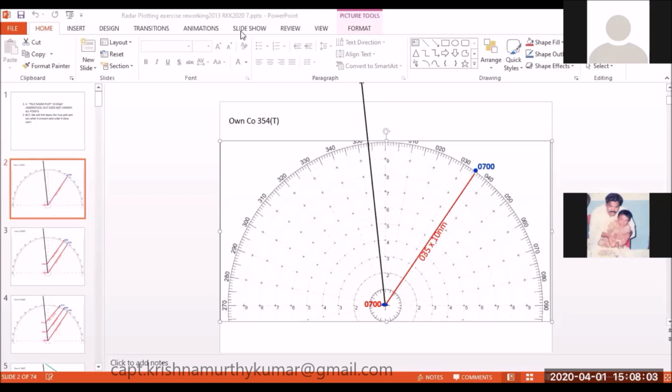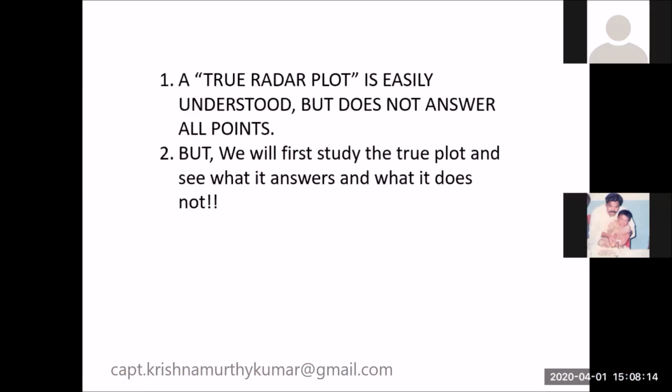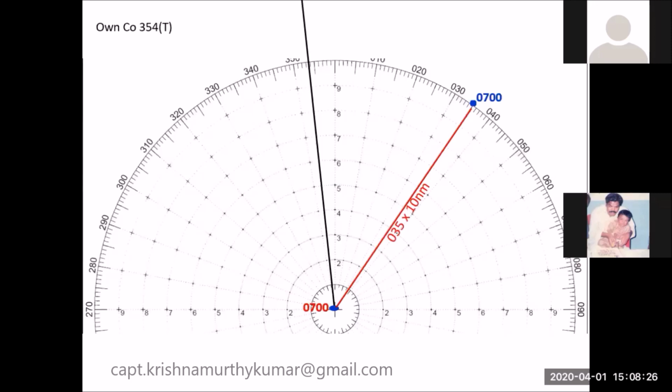So a true radar plot is easily understood, but it does not answer all the points. We will go one by one. Your ship is in the middle, and this is the target ship at 7 o'clock, bearing 035 at 10 nautical miles. This is the plot.